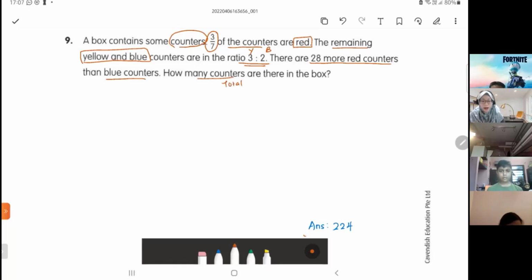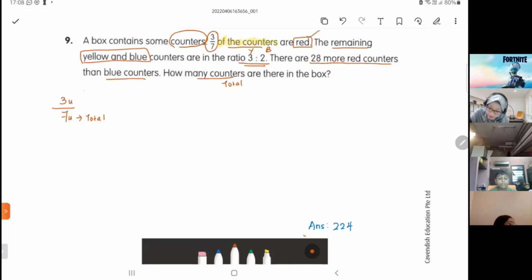All right, so what are we going to do? You may want to draw out your model, or you can straight away use the units. Let's try to use the units only, can? So we have 3/7 of the counters, which means that this 7 is our total, right? 3 is the red.